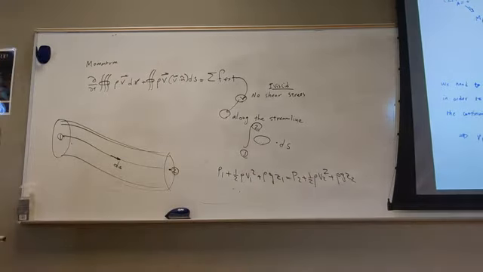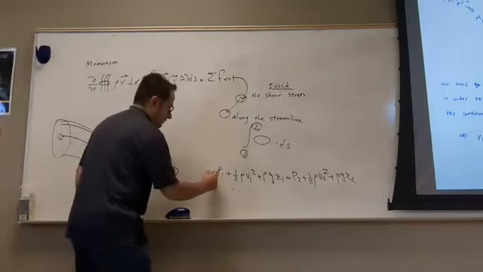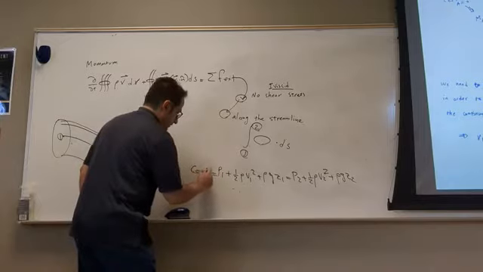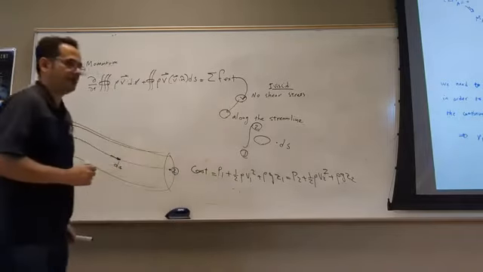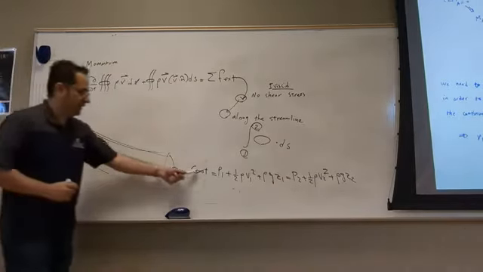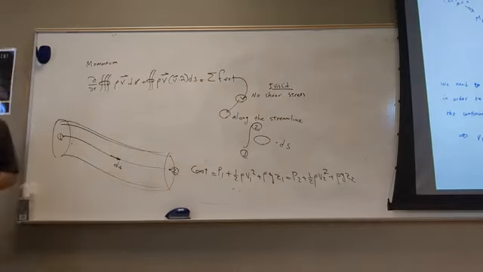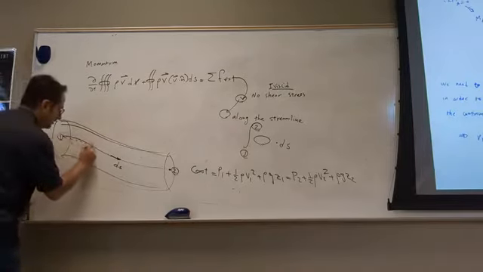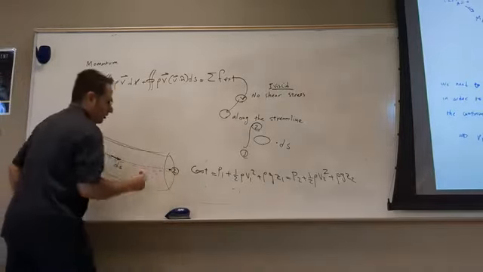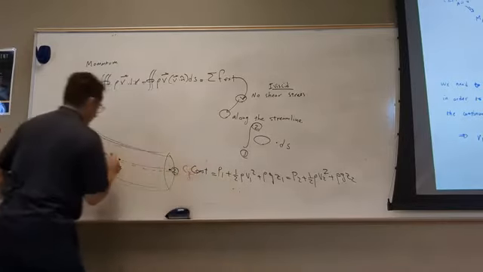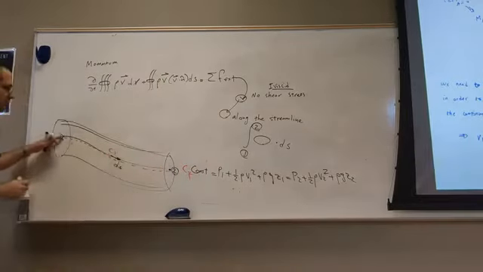Now you can call this a constant, C. Look at this constant. It says that this constant is always the same as long as you move along this particular streamline. Call this constant C1. So this value is constant along this streamline.